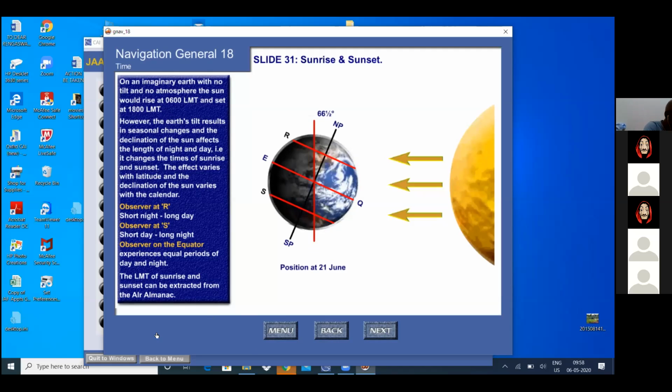In winter, I don't think I have a slide. The opposite happens. The sun is on the other side. Right. So this part becomes lit up.